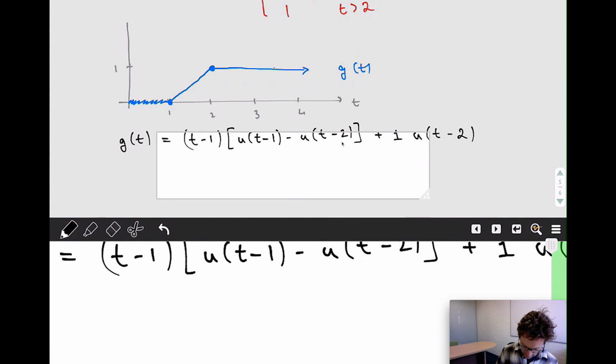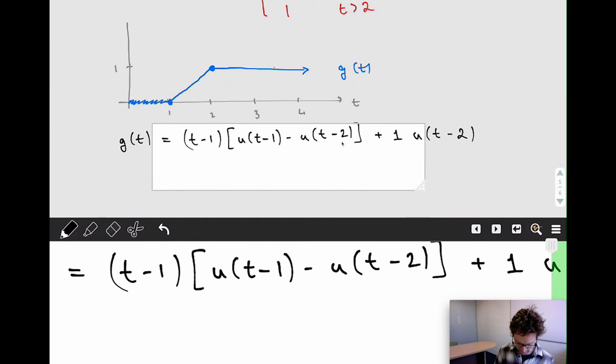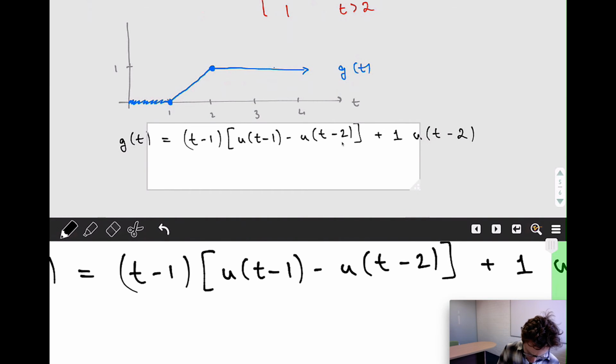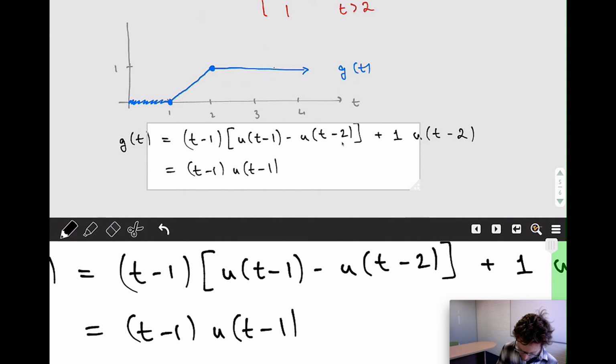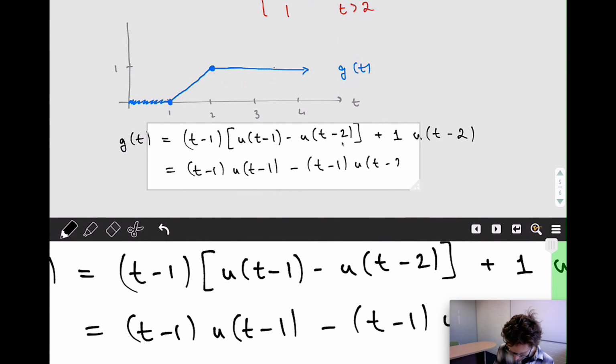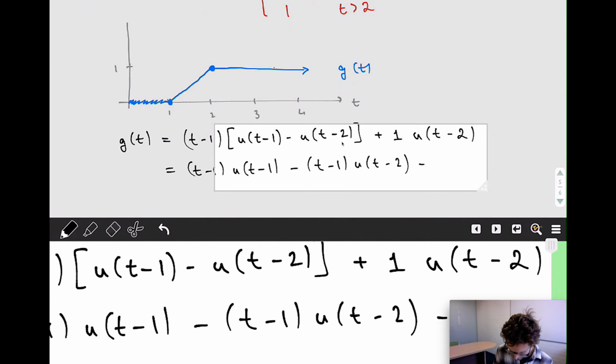Okay, so let's multiply this out a little bit, and bear in mind that, just like in the last problem, we're going to be using the second shifting theorem, which means that I want all of my functions to appear in the form of a shift plus a cut. You notice that I have two terms in terms of u of t minus 2.